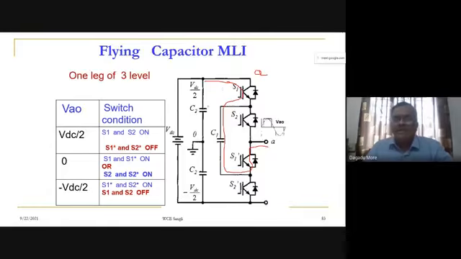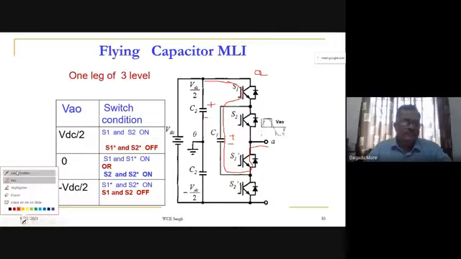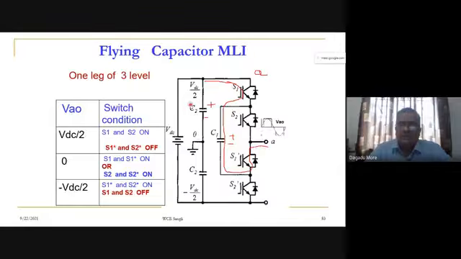The capacitor voltage has plus and minus polarity, and the voltages across C2 and C1 oppose each other, so the resultant voltage between VAO is equal to 0. This is one configuration, when S1 and S1 star are on.